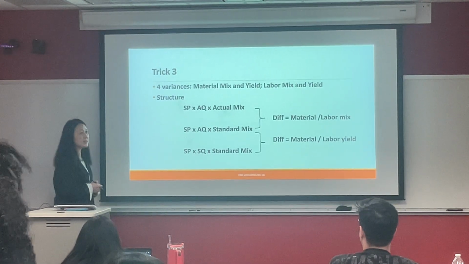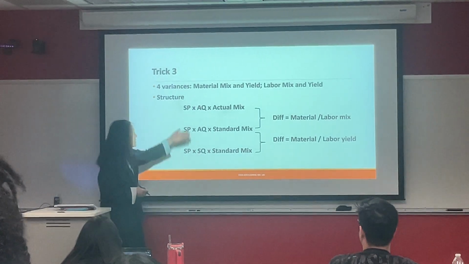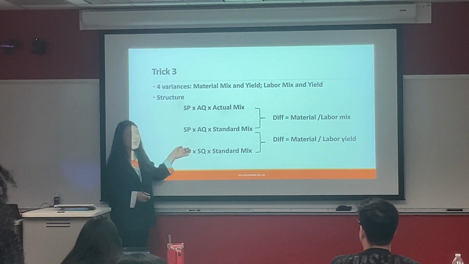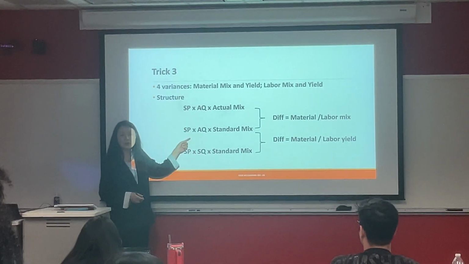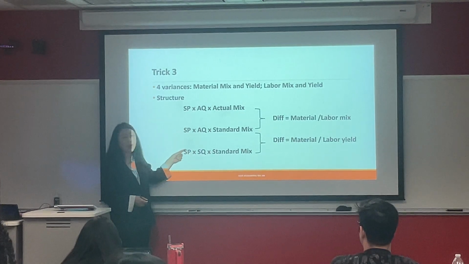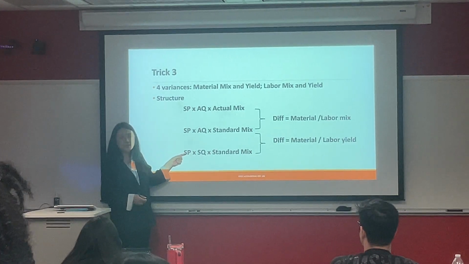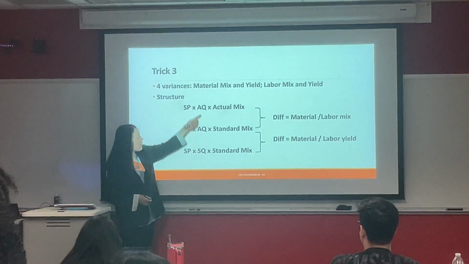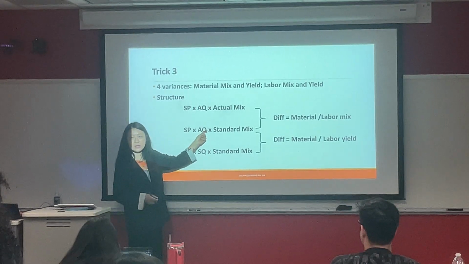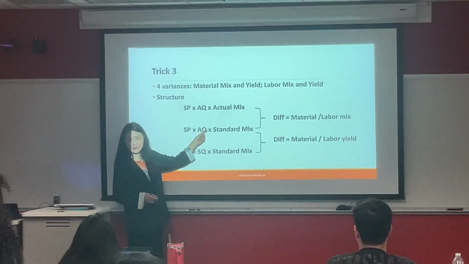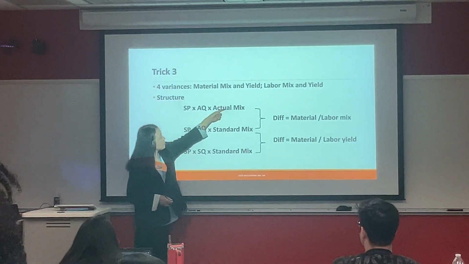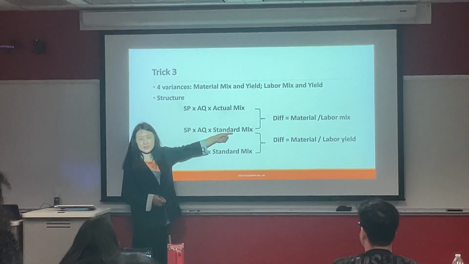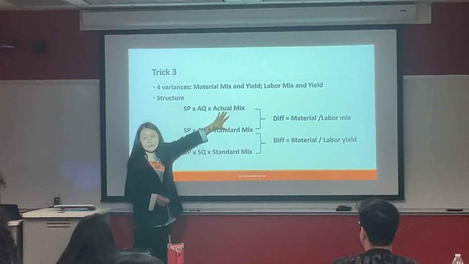Now, trick 3 is about the mix and yield. Again, 3-line structure. Notice, because we are doing quantity, the price is always the standard price. Very clear, right? Then you have the actual quantity, which usually will be given in the problem. Then you compare actual versus the standard, so that will be your mix variance.